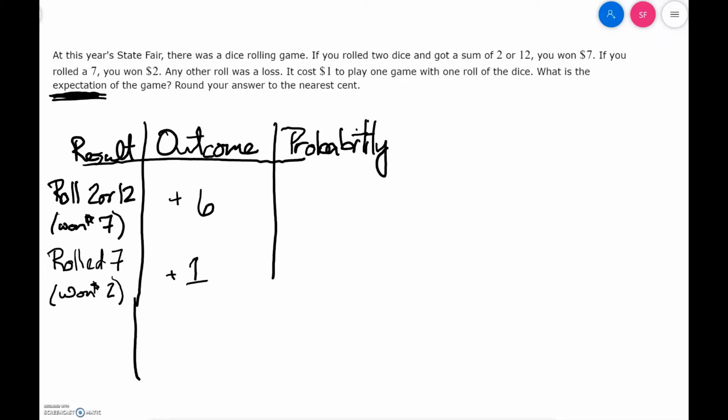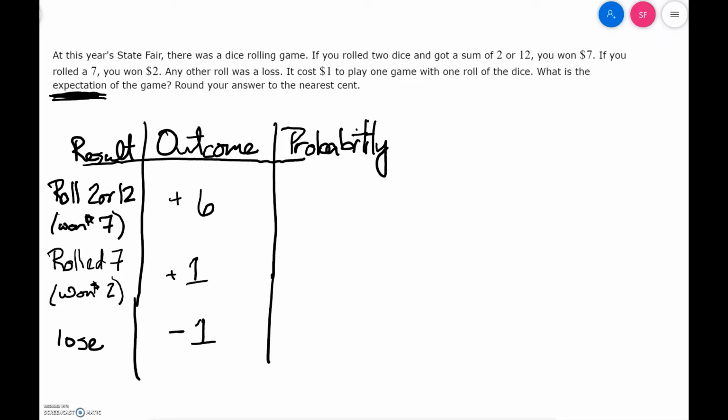Okay, so what's the other possible result? Your other possible result is that you lose. And if you lose, then your outcome is you lose the money that you put in. Okay, so we've got our result and outcome.